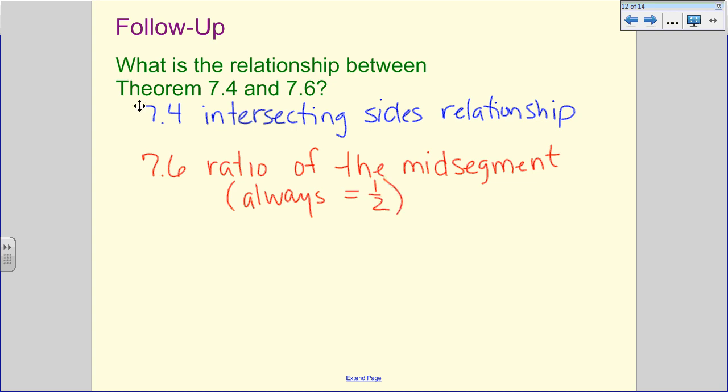That ratio will always be 1/2. So 7.4 is having us look at the sides and looking at those ratios. 7.6 is telling us that the mid-segment will always have a ratio of 1/2 to that third side.